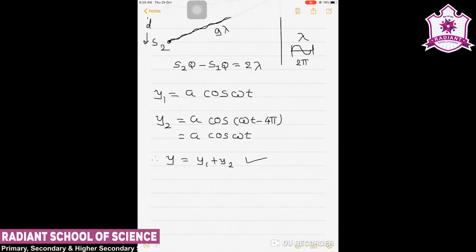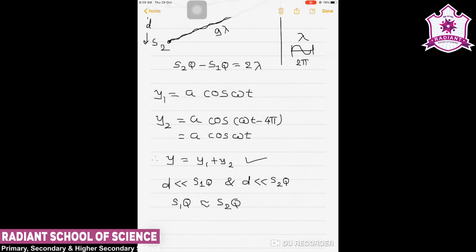We say that d is very much less than S1Q, and d is also very much less than S2Q. So even though S1Q and S2Q are not the same, they are similar, having very nearby values to each other.